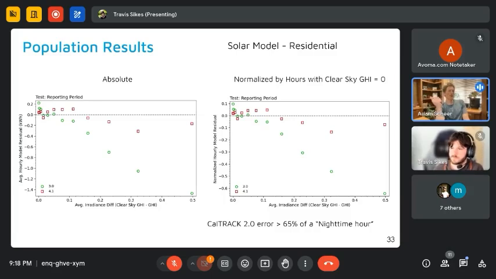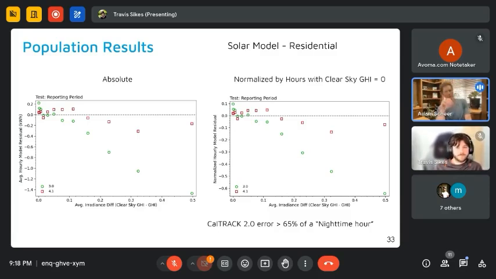So what we're taking a look at here are both the test data sets, so these are the reporting periods. On the x-axis, we're plotting the difference between clear sky solar irradiance and the actual solar irradiance, inclusive of cloud cover and fog and all that other kind of stuff. So we've binned data points here.